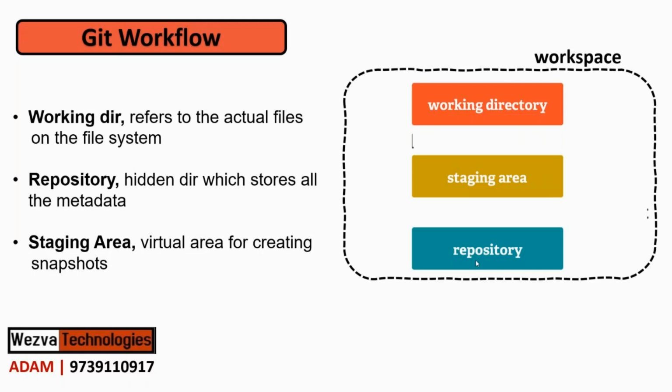The information about all those metadata will be stored in this repository. When you do a clone, you get a copy of the remote repository into your workspace, which we call the local repository of this workspace.